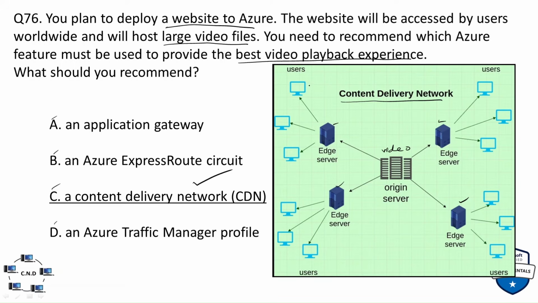So when, let's suppose, user one accesses this video file, a copy is cached here, or it is also stored here. Each time a new user or the same user again accesses the file, it is made available from this edge server, so there is little delay and little performance impact, and a very good or best playback experience for the user.